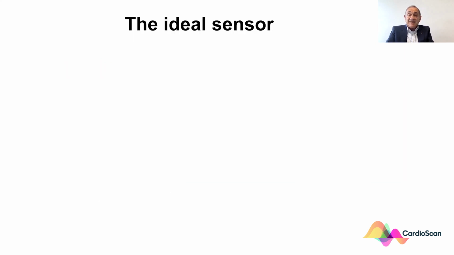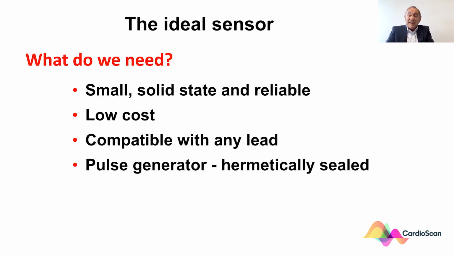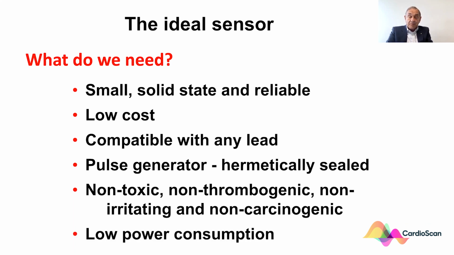The ideal sensor is small, solid state, and reliable. It's low cost, compatible with any lead. It needs to lie outside the lead in a pulse generator which is hermetically sealed and should be non-toxic, non-thrombogenic, non-irritating, and non-carcinogenic. It needs to have low power consumption.